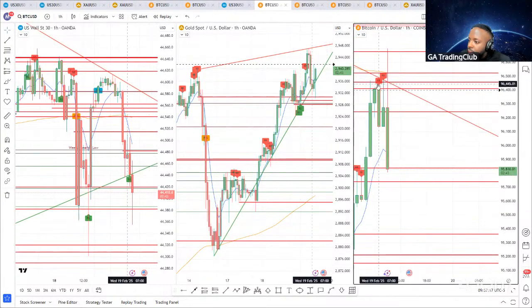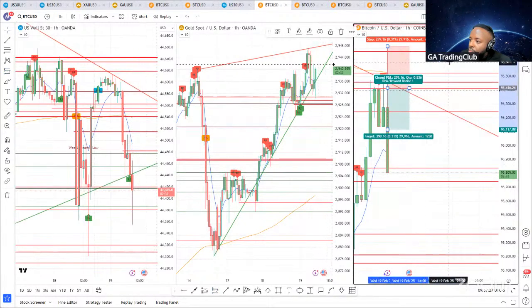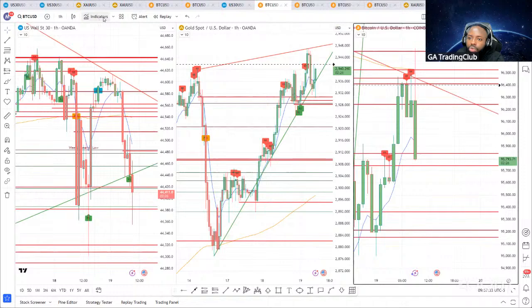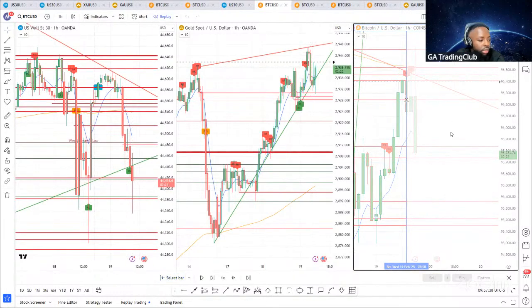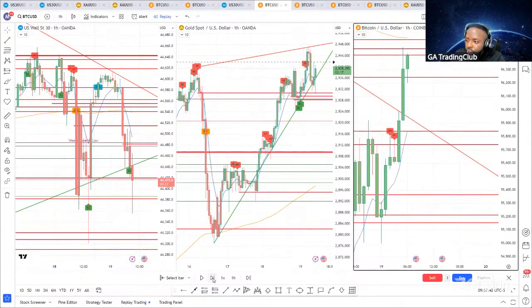You can see we had a rejection resistance right here. This one would have been an entry either on this candle or on this candle right here, with stop loss above the previous high, but that already went away with BTC. Let me do a bar replay quickly here. Let's see.